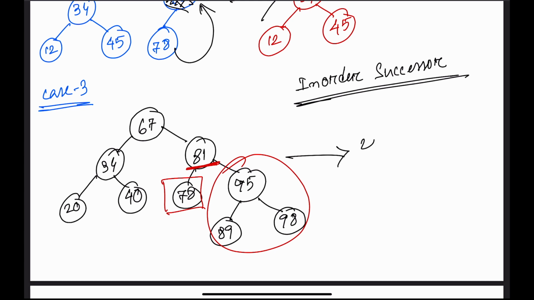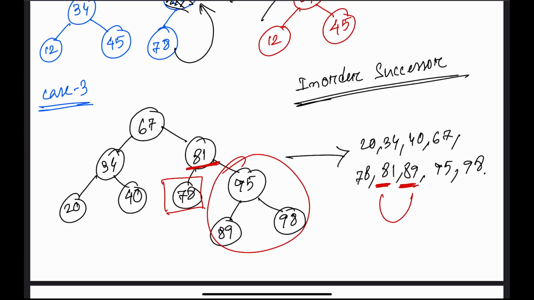So if I make the in order traversal, what will happen? 20, 34, 40, 67, 78, 81, 89, 95, and 98. So after 81, what is the value? 89. So this is the in order successor actually.